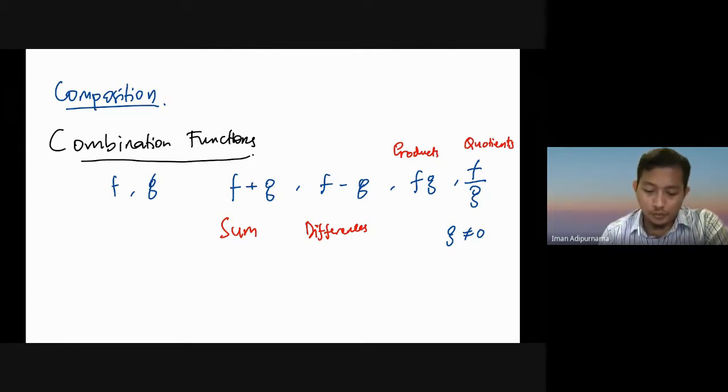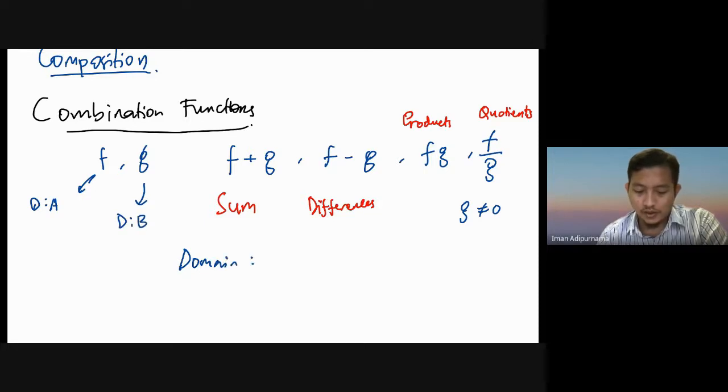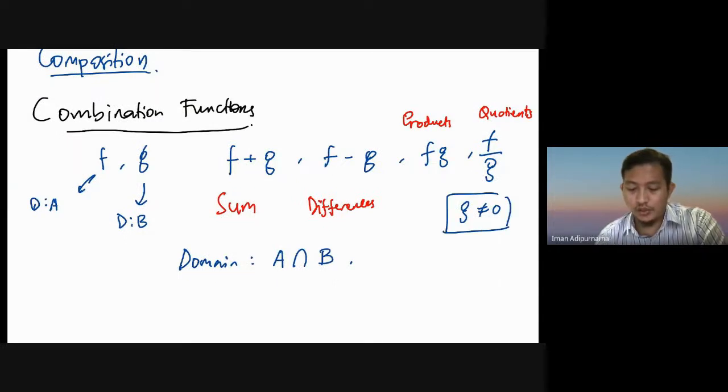One point here is the domain. Let's say f has domain A and g has domain B. The domain for all these combinations will be the intersection, and for the quotient, g should not be equal to 0.